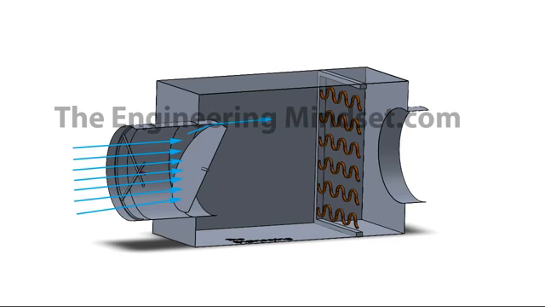Now the damper never really closes fully, or at least typically it doesn't, and that's because you still need a certain amount of fresh air to enter into the space. So air can still get past this and into the zones which the VAV box is controlling.